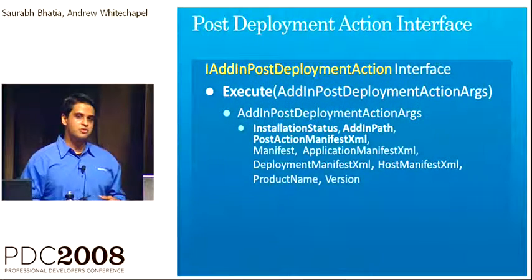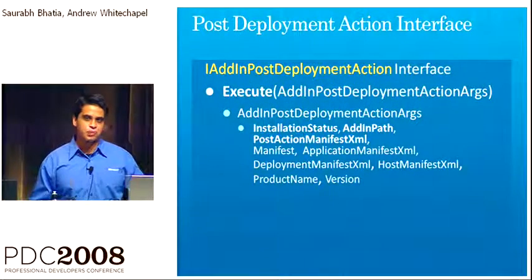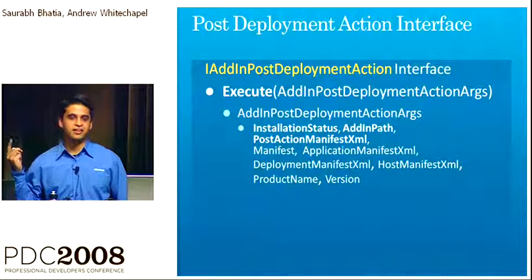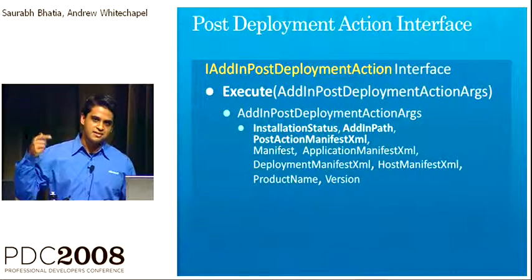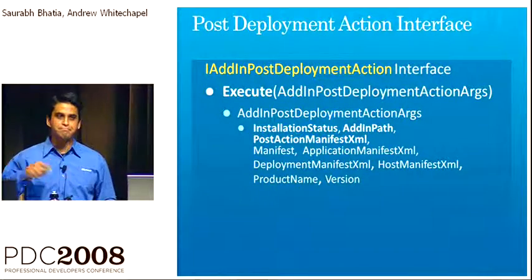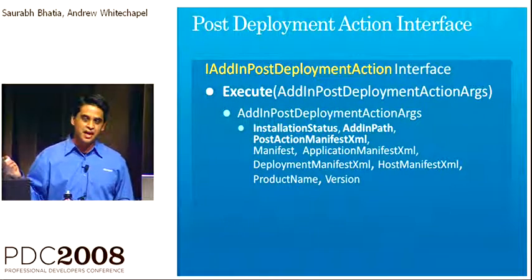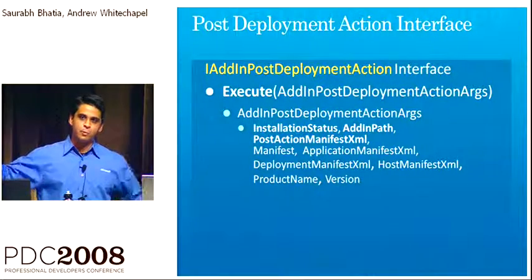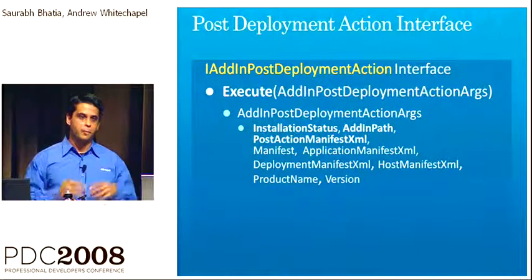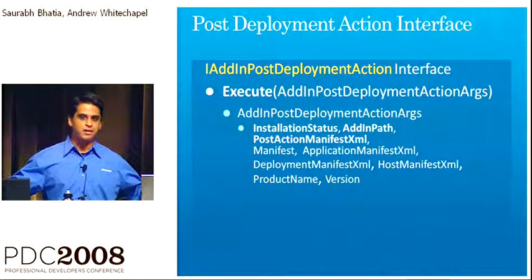So what is the post-deployment action interface? It's just one method. It's very simple. One method called execute. And this method takes arguments of the type, again, a very long name, add-in post-deployment arguments. And these arguments essentially give you a way of figuring out where in the ClickOnce deployment process you are.